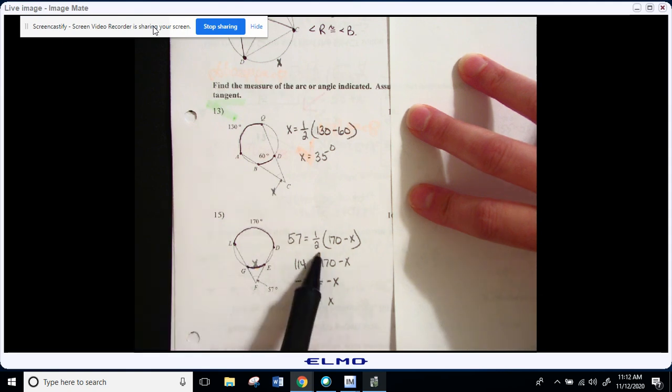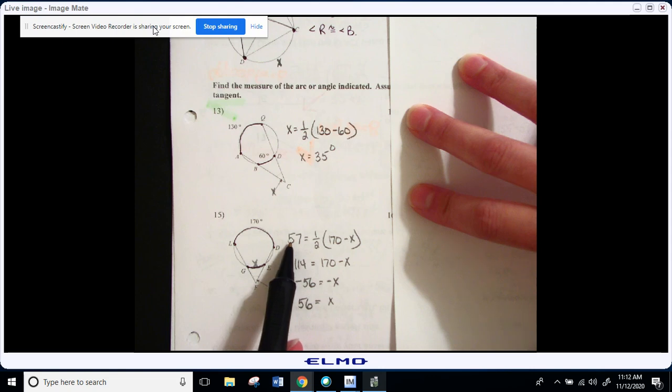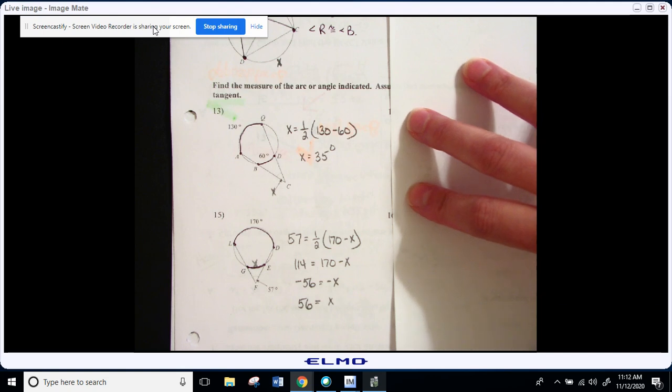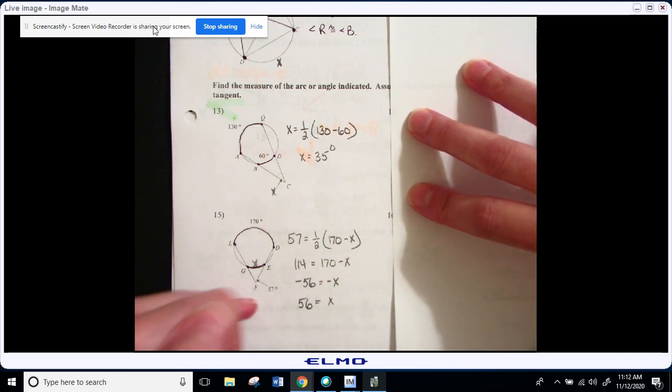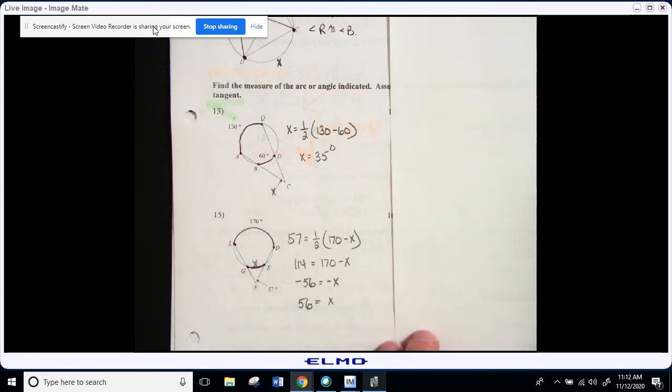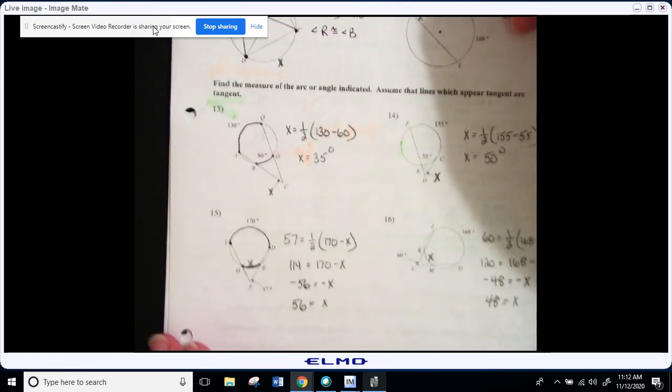So I would bring that 2 over to this side and double it and get 114 equals 170 minus x. Subtract the 170, and if negative x equals negative 56, then my positive x would be a positive 56. Outside, big arc minus little arc, divide by 2 equals the angle.